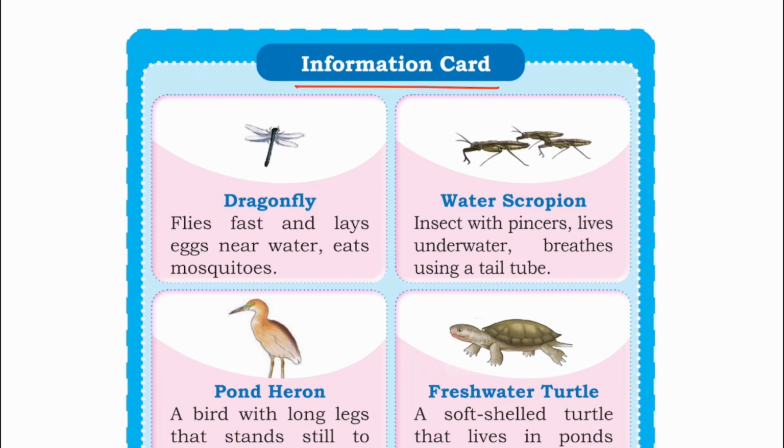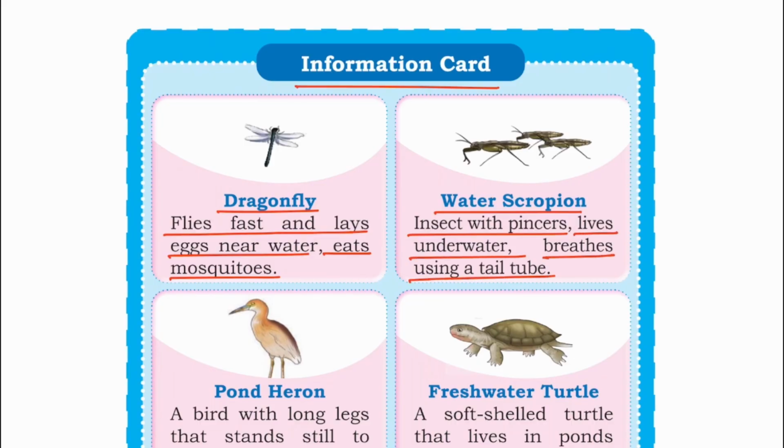Information card. Dragonfly flies fast, lays eggs near water, and eats mosquitoes. Water scorpion, an insect with pincers, lives underwater and breathes using a tail tube.